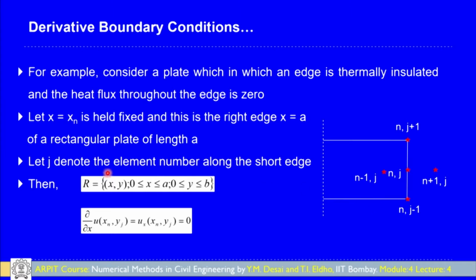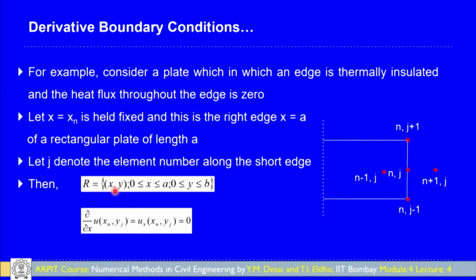Now let j denote the element number along the shorter edge. Here we have n, j minus 1, then n, j, and n, j plus 1. And here we consider n minus 1, j, this is n, j, and this is n plus 1, j, at an equal distance delta x from the domain; we have taken this location outside.